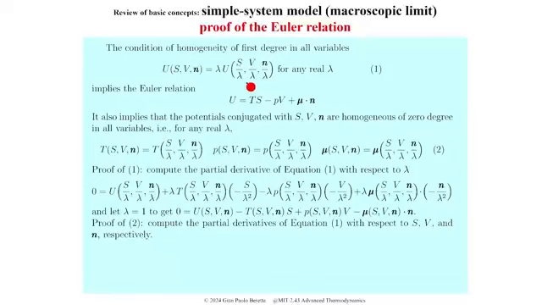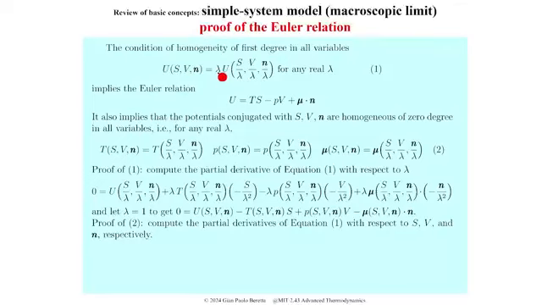This is the condition, and here's the proof. You just have to take the partial derivative of both sides with respect to lambda. On the left-hand side, there is no lambda, so the partial derivative is 0.